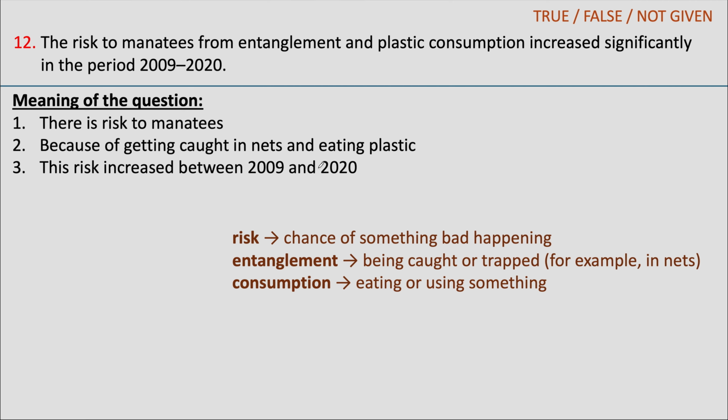Entanglement means to be tied or caught up in something. The question says there was a risk to manatees from two things: entanglement and plastic consumption. It also says that this risk increased a lot between 2009 and 2020.